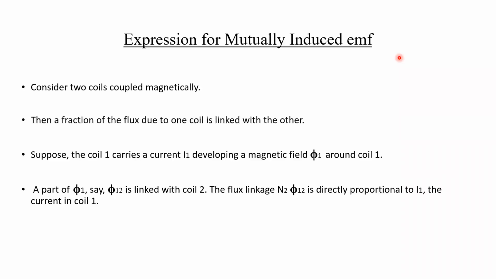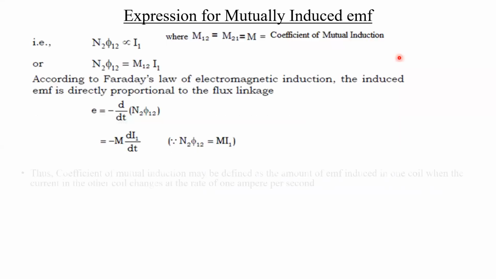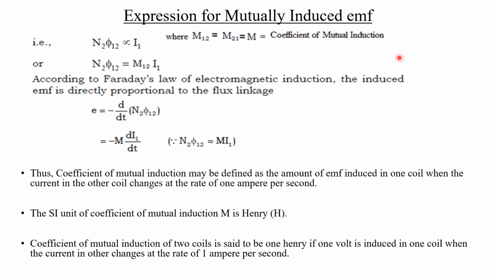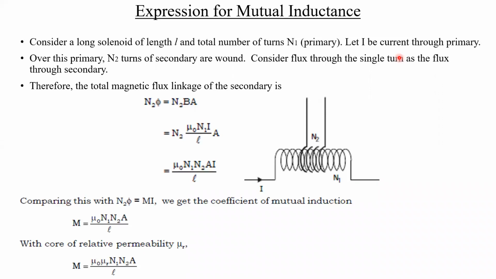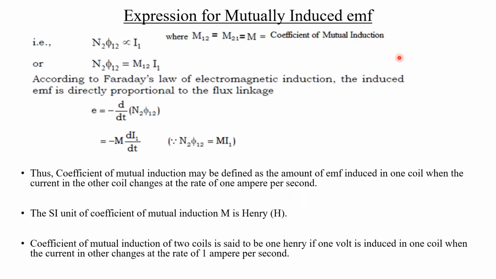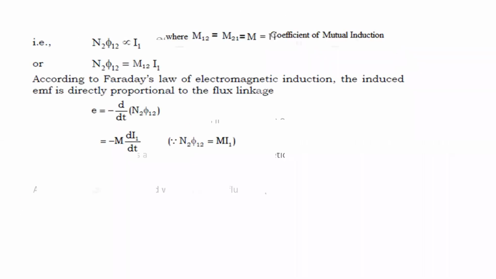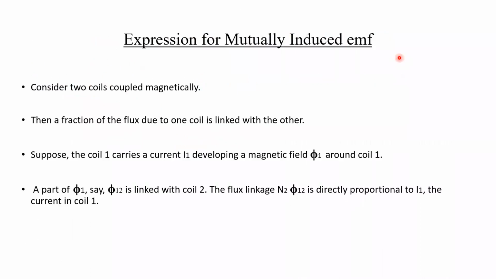Consider two coils coupled magnetically. Let me bring that figure here. Yes, consider two coils coupled magnetically. So we have seen in the last slide two coils. They are coupled magnetically.